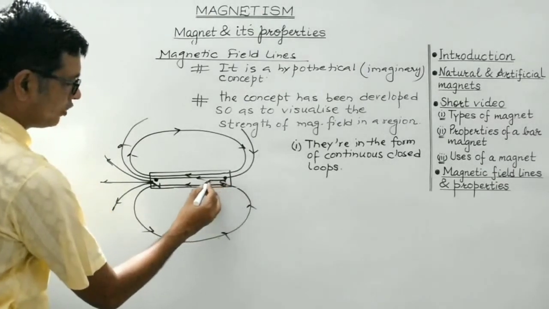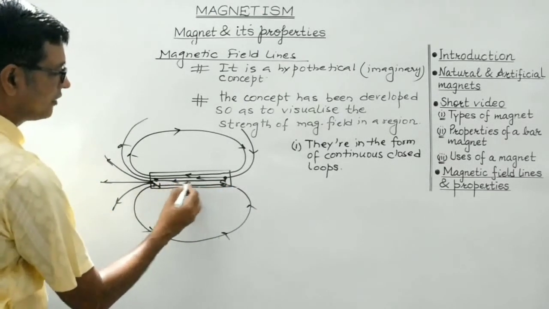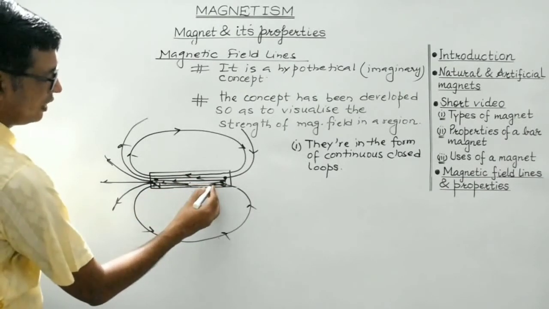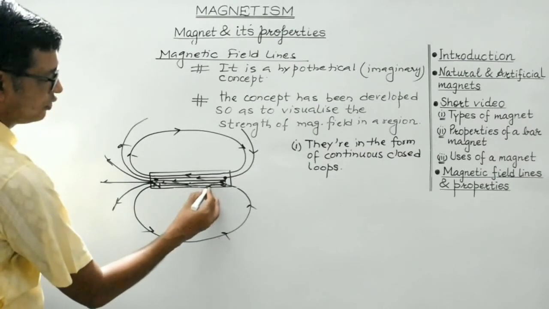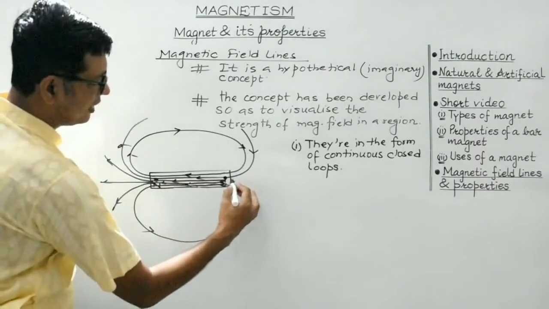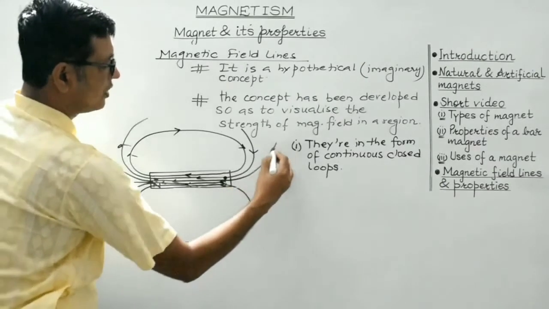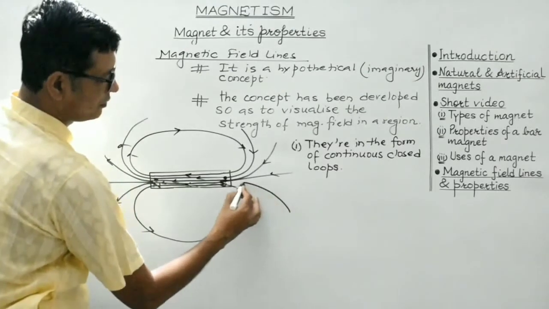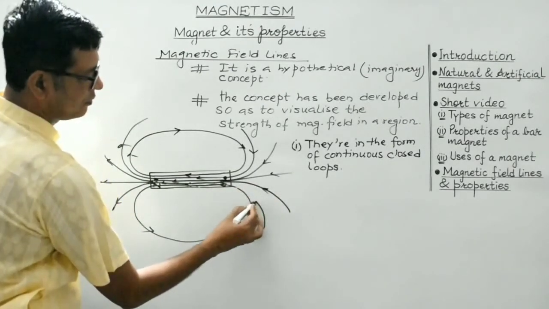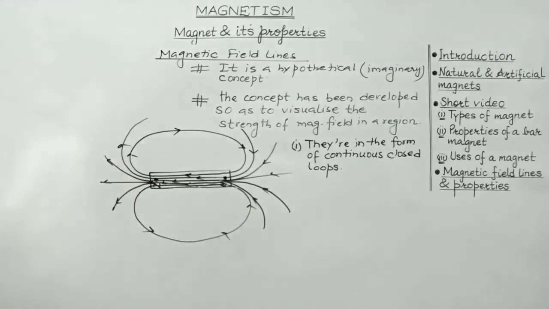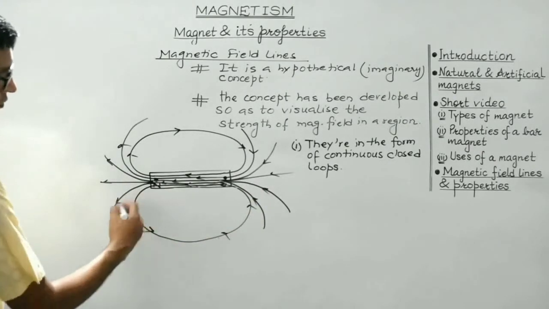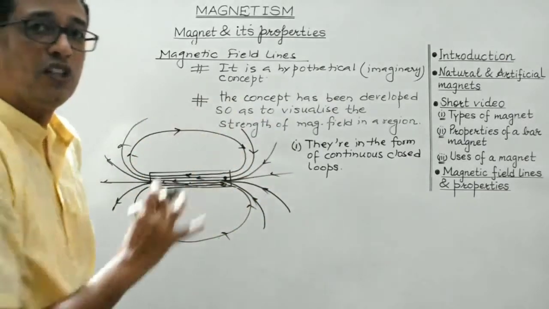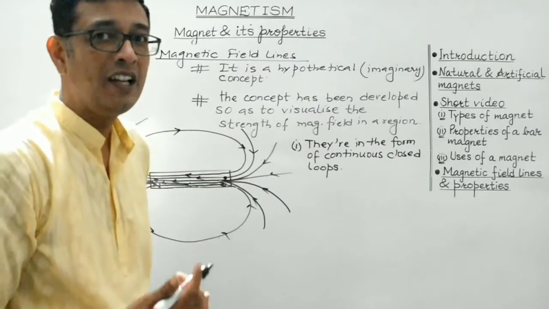Inside the body of the magnet, the field lines are directed from south to north, while outside it is directed from north to south. So the diagram should be like this. Try to draw a symmetrical diagram. Okay, these are the magnetic field lines. You can continue over here as well, right? You can complete it. So this will give you a visual representation of the magnetic field lines.